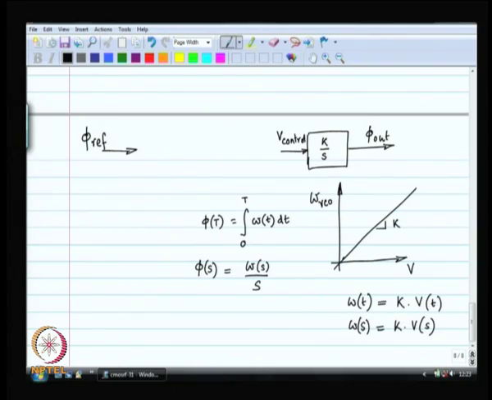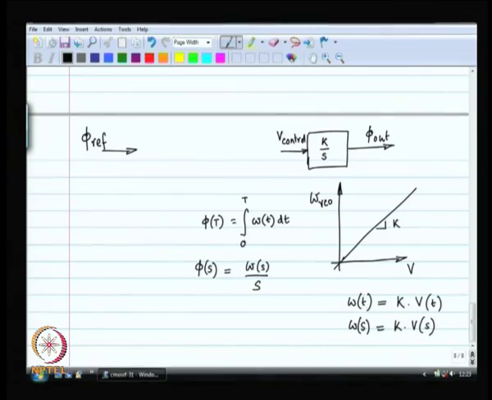What are the dimensions of k? So, here you have radians per second, here you have volts. So, units of k are radians per second per volt.